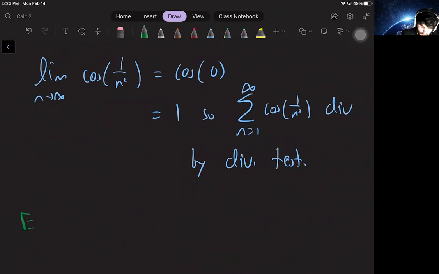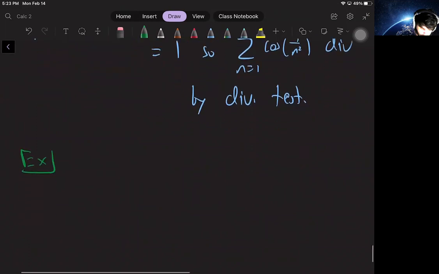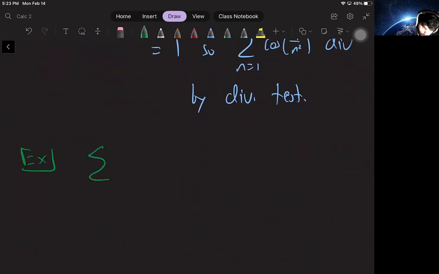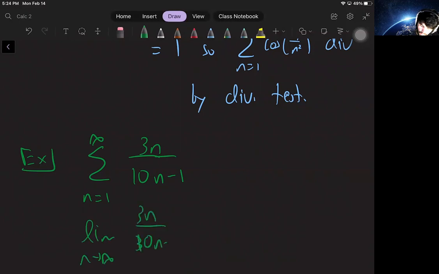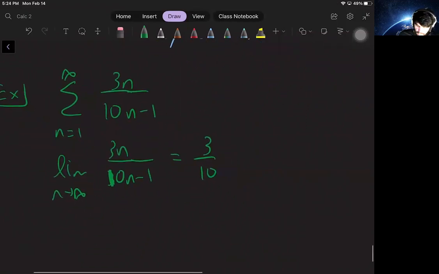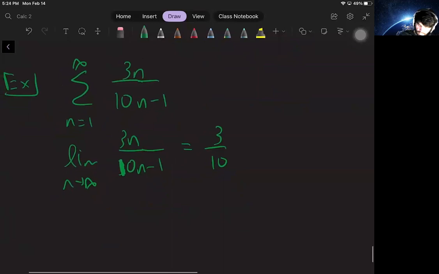Whoops, last one. I guess I'll use a different color. 3n over 10n minus 1. So the divergence test, again, you just take the limit of the inside. And so you get 3 over 10 using L'Hopital's rule, because the powers of n are the same.